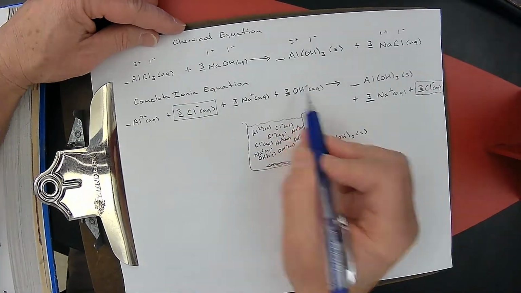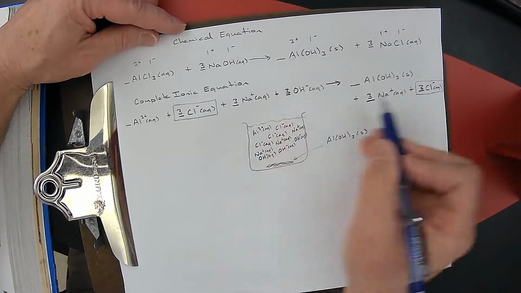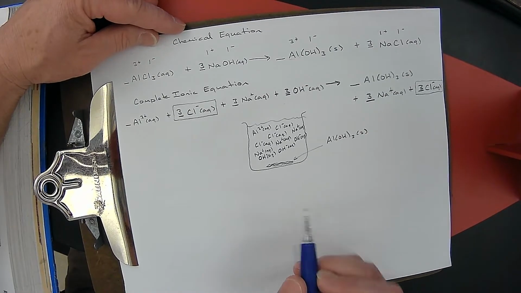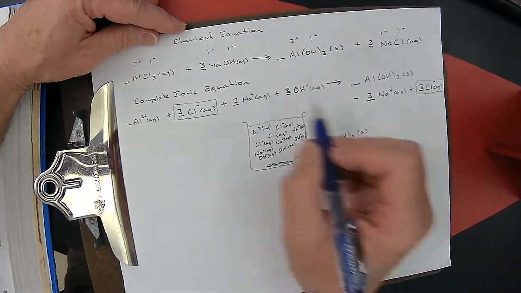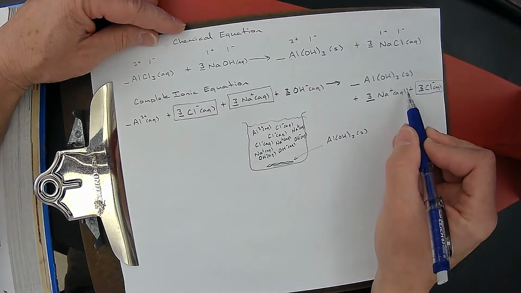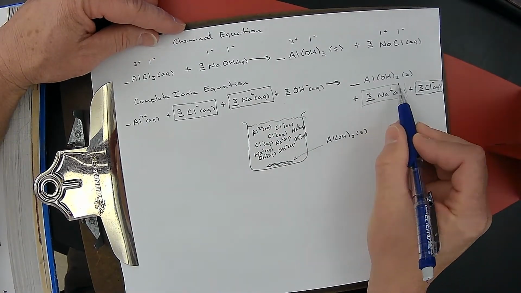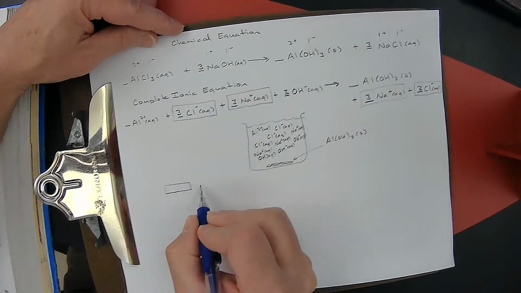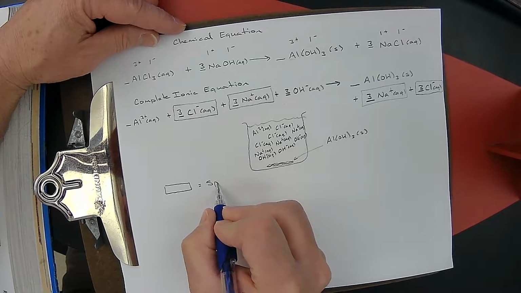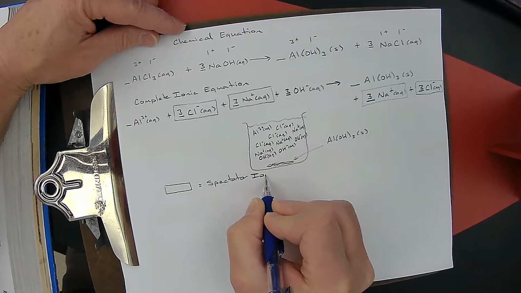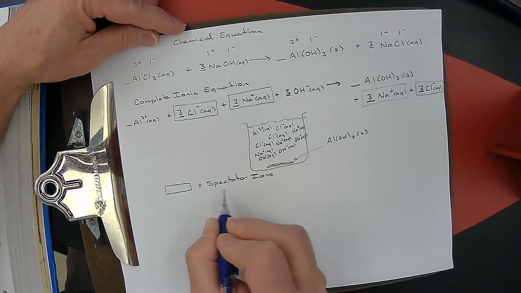The OH minus changes because it started as an ion and now it's part of a solid precipitate. And the 3 Na pluses do not change either. These that do not change, that are in this box, are called spectator ions. They spectate. They don't do anything.